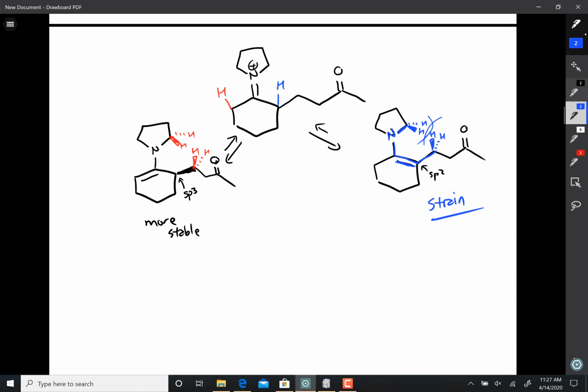On the other side of things, the atoms that are in the same plane are these hydrogens. That hydrogen. And as a result, the steric clashes are minimized by that.